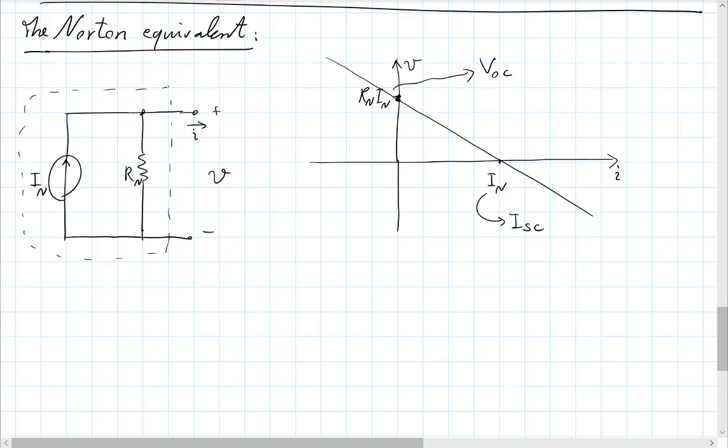So then the Norton equivalent is very similar. For the same circuit that you had a Thevenin equivalent, with the same conditions on linearity, you can also define a Norton equivalent.